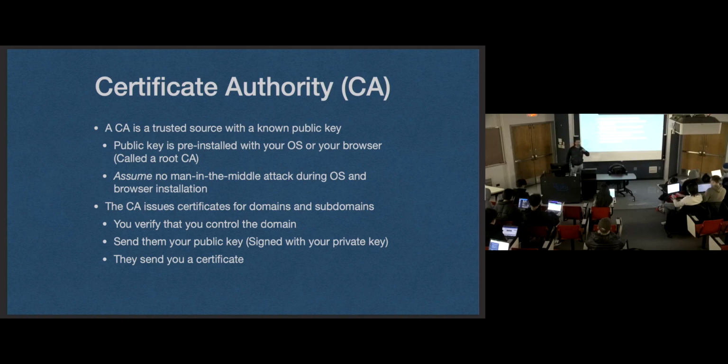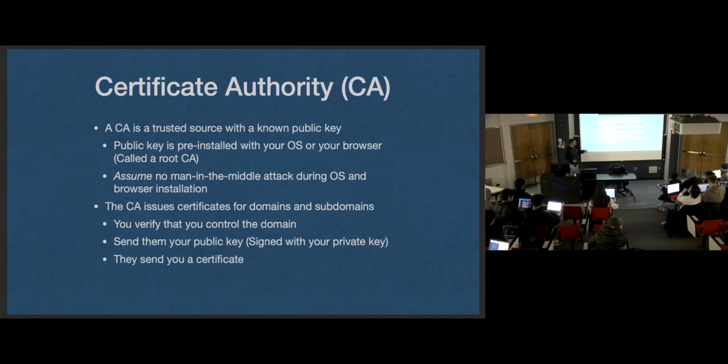So if you have a domain, like I have CSE312.com, I'm going to go to a certificate authority and say, hey, can you sign my public key? And they're going to sign that public key, issue me what's called a certificate, and then that certificate is going to be my public key, but in a verified way.